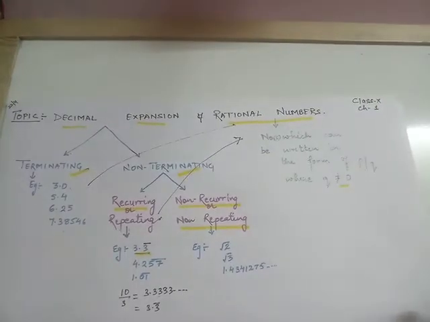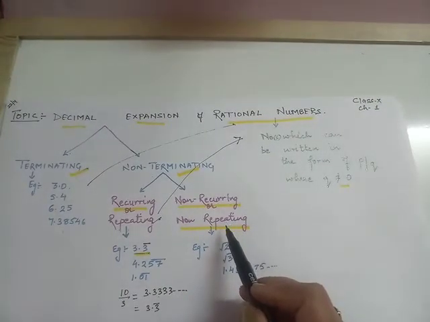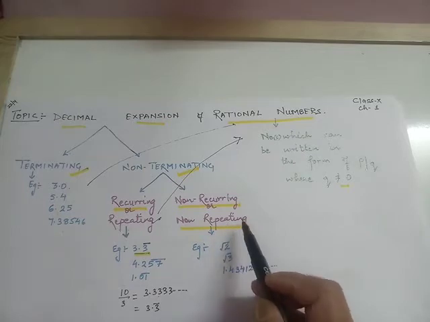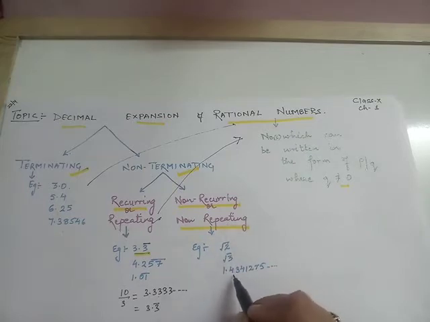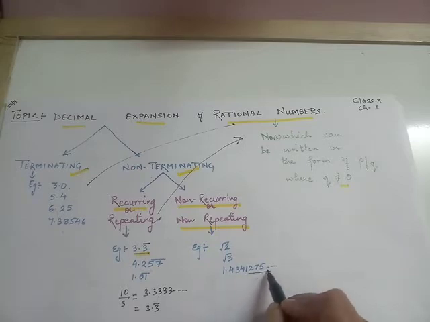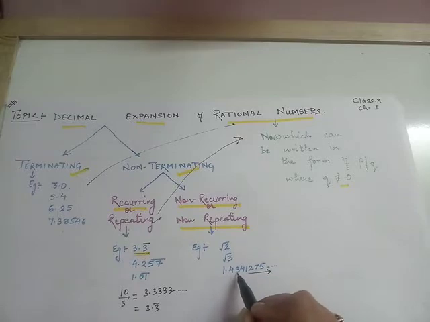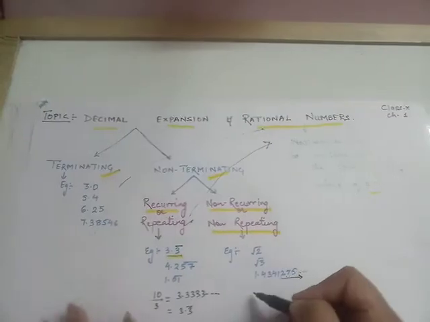Okay, now when we talk about non-recurring, non-repeating decimal, what are those? Those are in which the decimal expansion keeps on continuing, means it does not terminate, but there is no continuity in the digits. Each time you will find a new set of digits or a new digit coming. So these are a few examples. Okay.